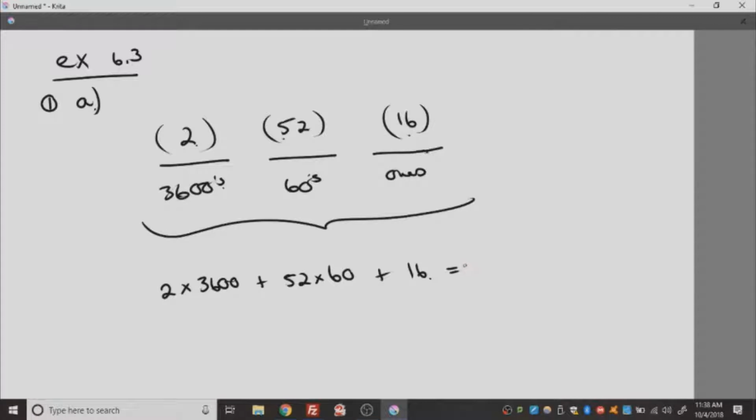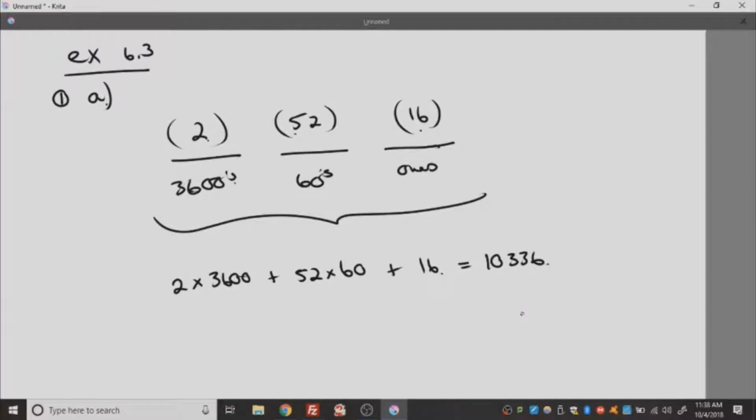What do I get for an answer? Can anyone confirm? All right. So it's in a way a very natural extension of the places to be able to handle larger numbers.